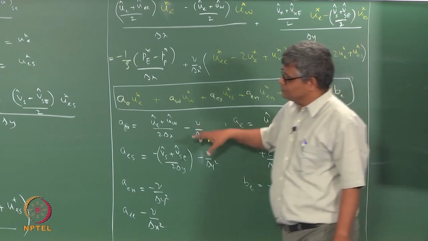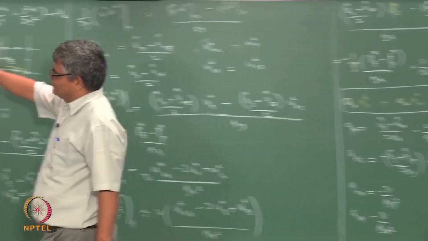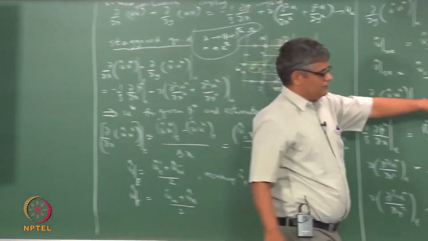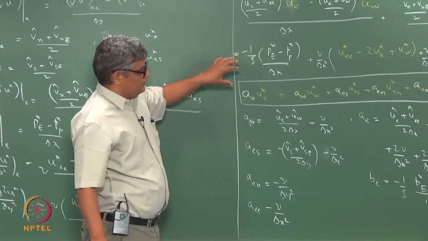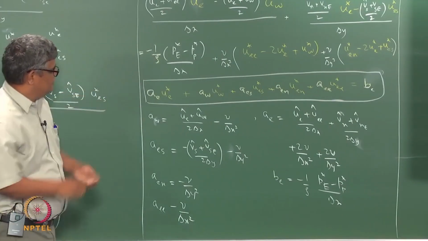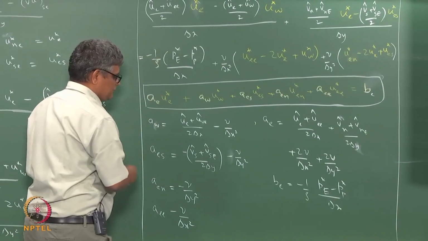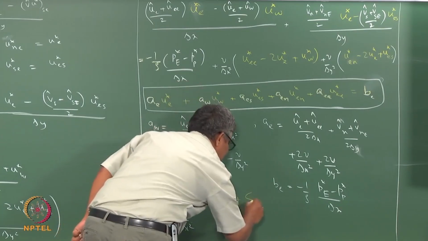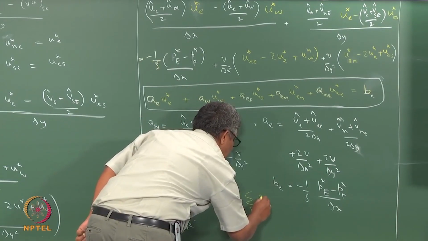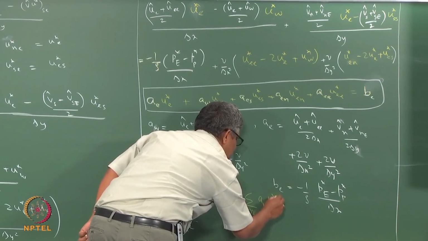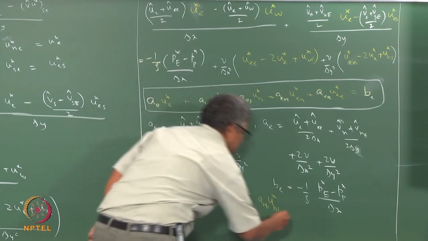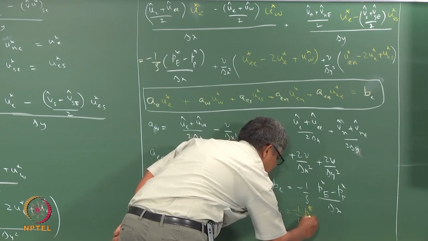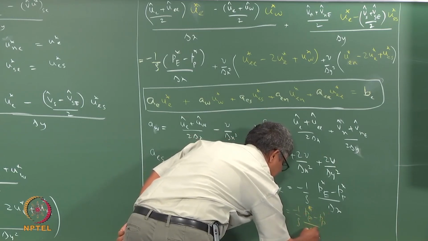So using this way we can convert a discretized differential equation, partial differential equation, into an algebraic equation like this, and we can therefore write the discretized x momentum equation in this form, that is u e star plus sum over neighboring values of a and b, u star and b, equal to minus 1 by rho p star capital E minus p star capital P by delta x.